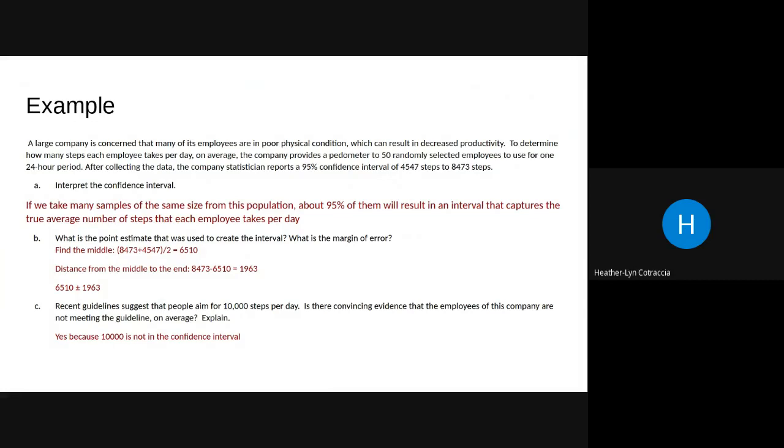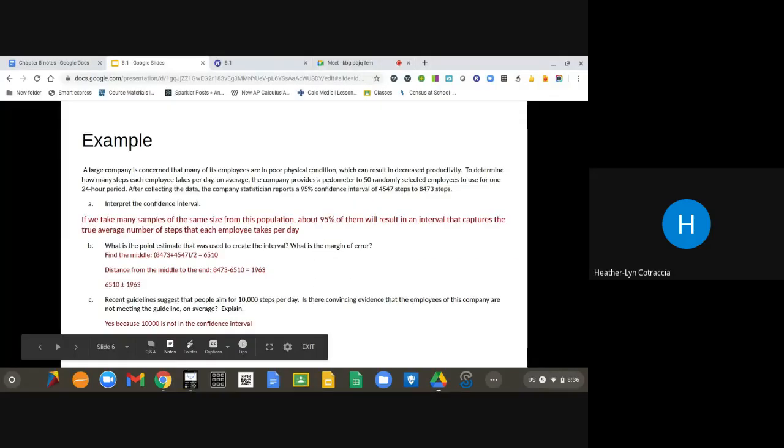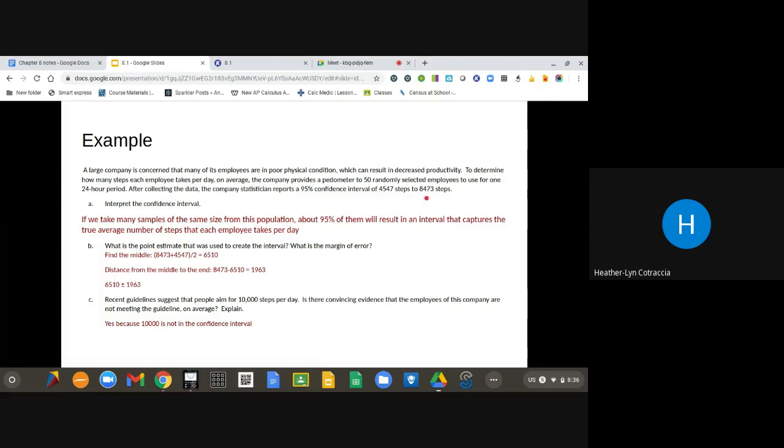They have a 95% confidence interval, and it goes from 4,540 steps to 8,473 steps. So that is your confidence interval right there.